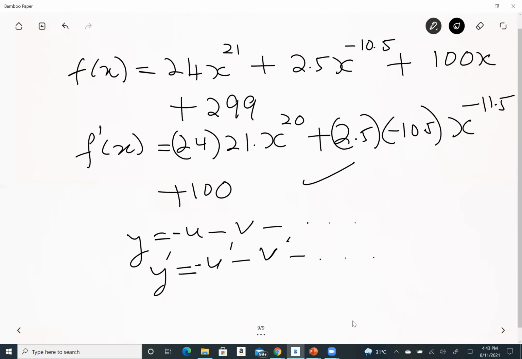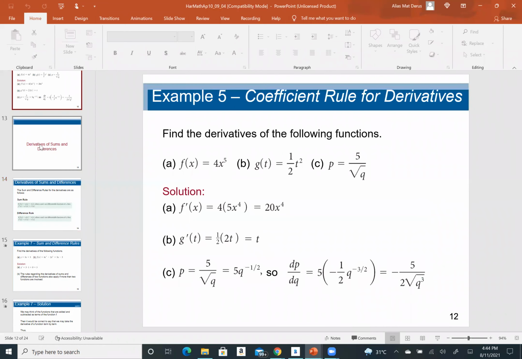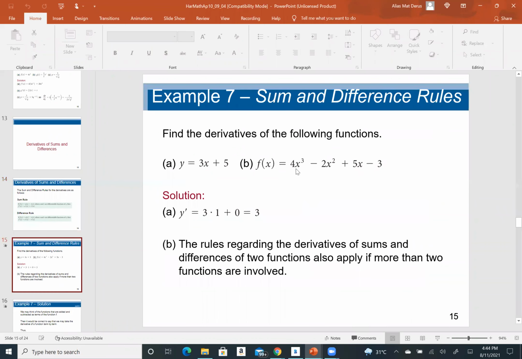If I use the same example here, but now that becomes a negative sign, everything is the same except the signs. The derivative rules are the same, only the signs are different. So this is the difference. Now, in one or two examples, you have one function with plus, plus, and then minus, minus.